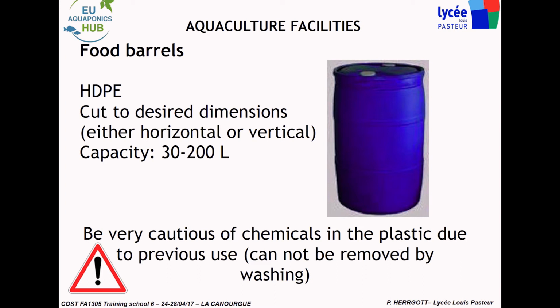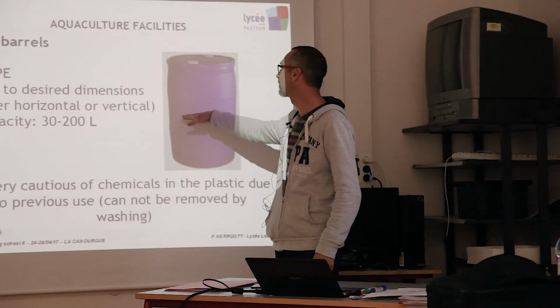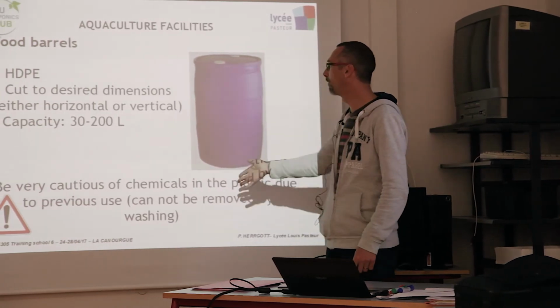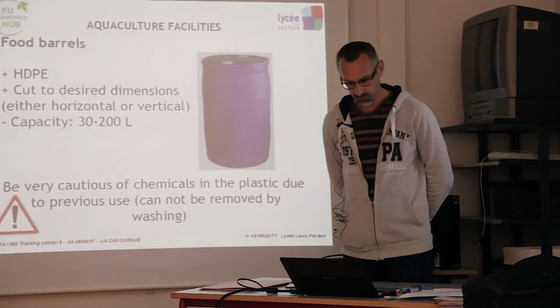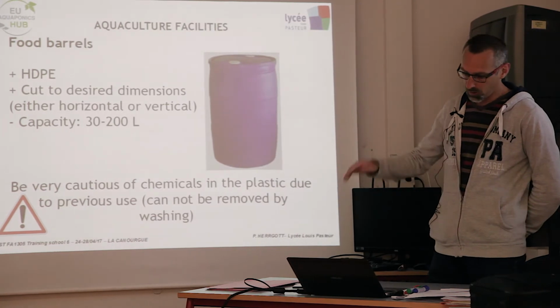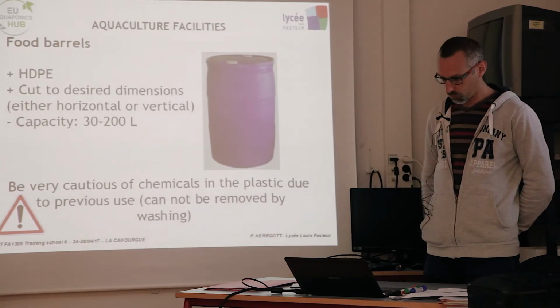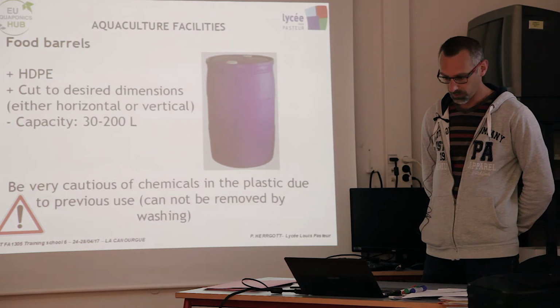Smaller systems can use food barrels, the same plastic, not so bad, high density polyethylene, and you can cut it to the dimension you want, horizontally or vertically. You can go to 200 liters.